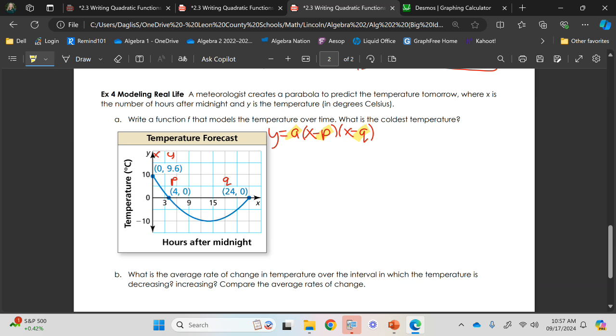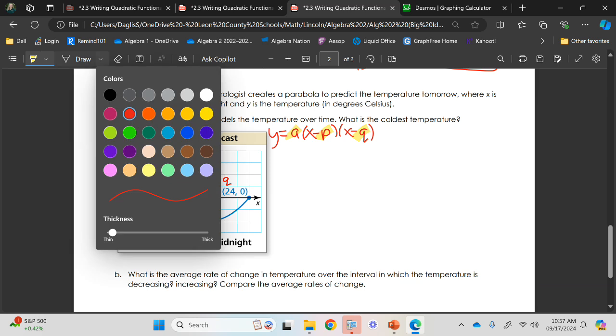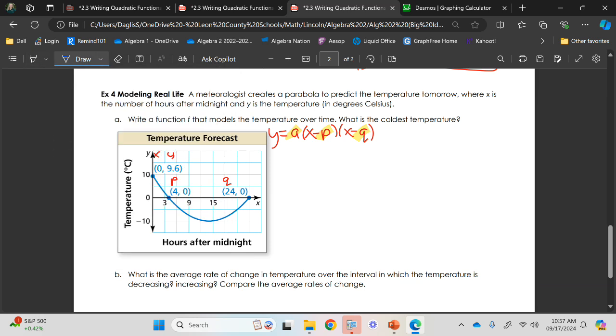We got 2 out of 3. We have to find my a. What are we going to plug in for my y value? 9.6. What are you going to plug in for a? Nothing. Good job. What are you going to plug in for x? 0. What are we going to use for opposite p? Good. I have x again, so 0 again. And then opposite q? Negative 24.